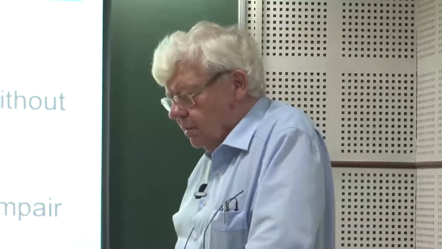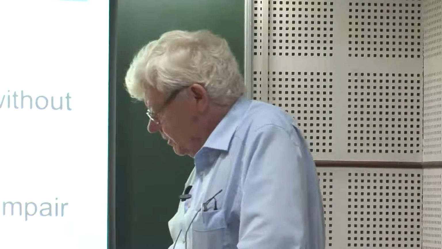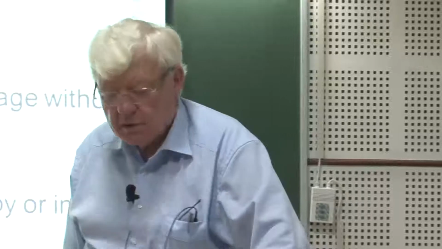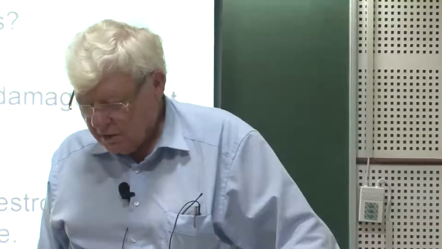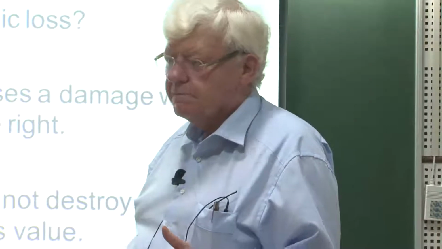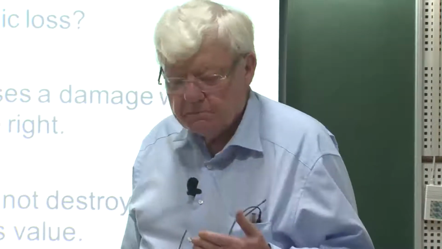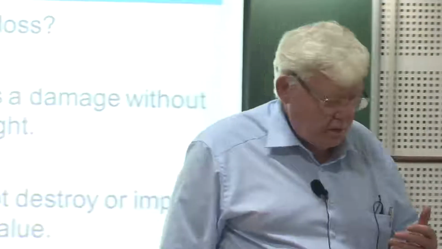And a particularly important aspect of pure economic loss is the following. Assume that you have a stock listed company, and the auditor gives a wrong audit. There is a German case from some years ago.